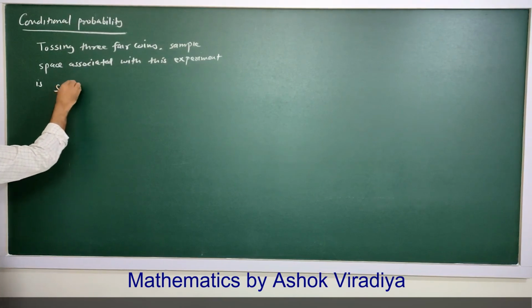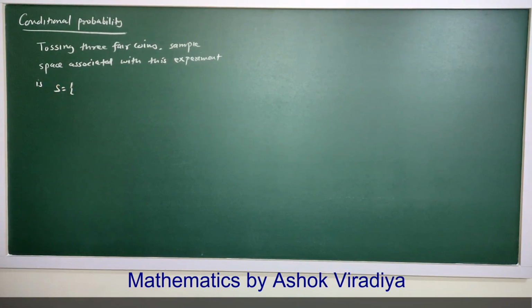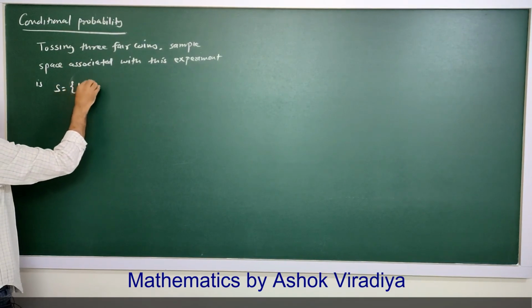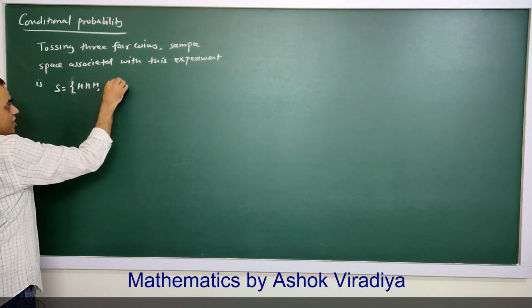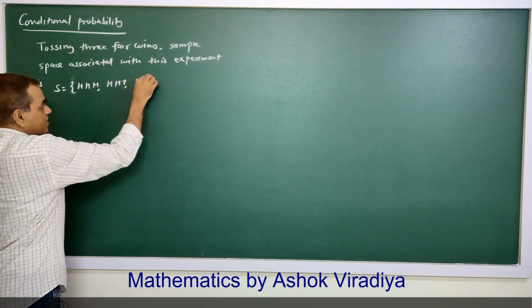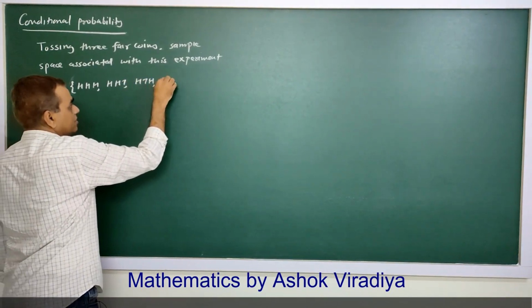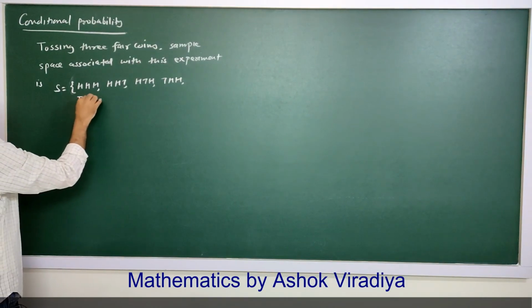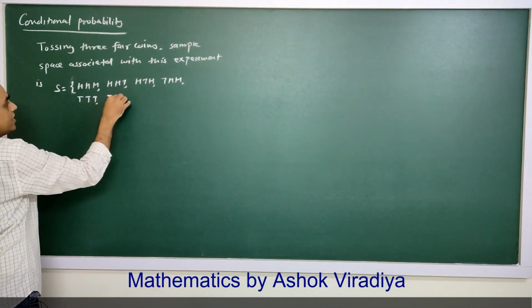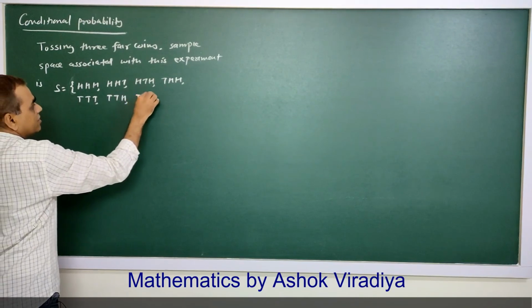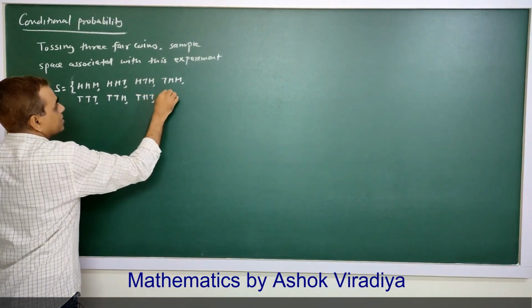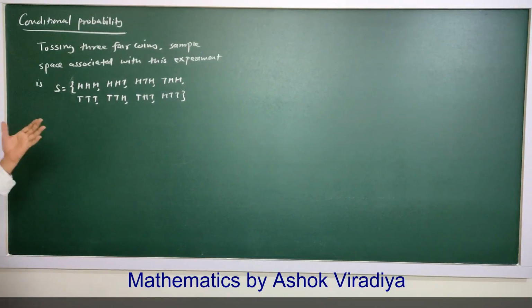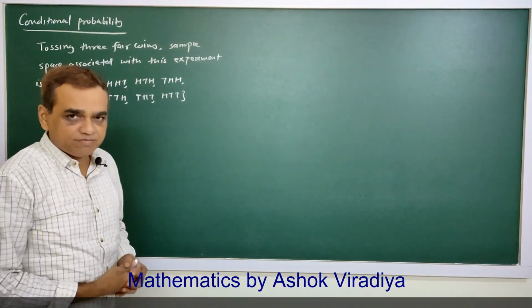taking sample space as, when we toss 3 coins, elements are HHH, HHT, HTH, THH, HTT, THT, TTH, TTT. So there are 8 elements in this sample space.